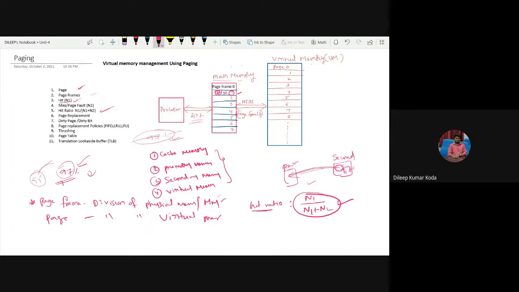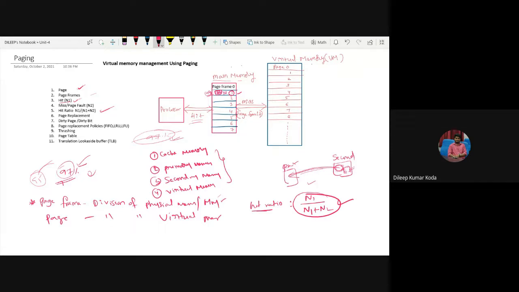But in page frame 1 only 99 files are available, and one file is missing. Though it missed only a single file, your main memory will not get only that single file. Instead, it will copy the entire page from the virtual memory to the main memory.